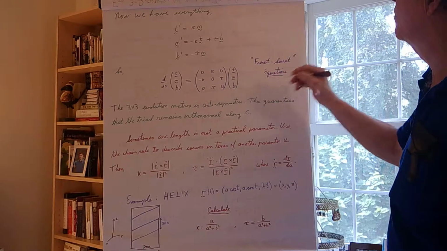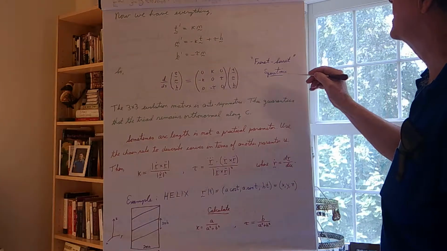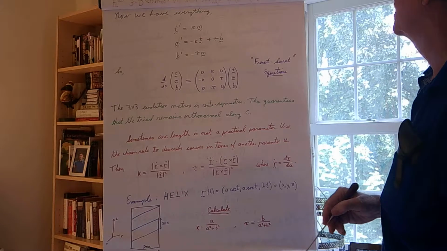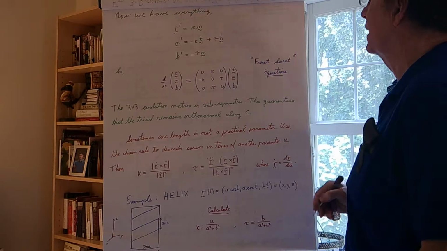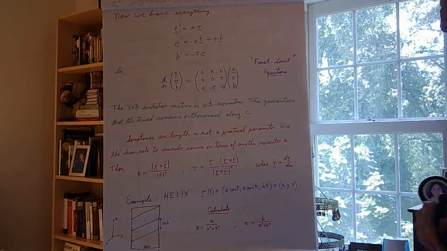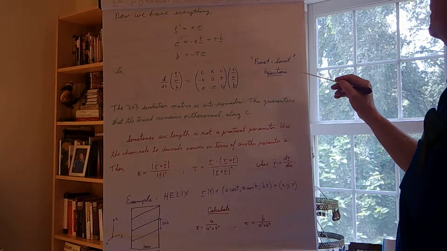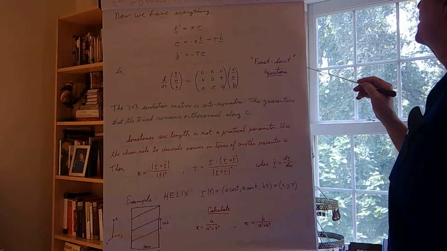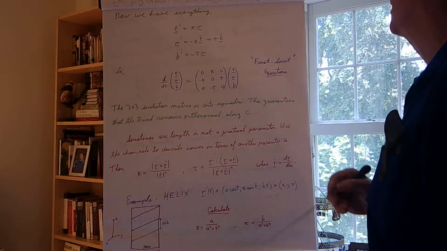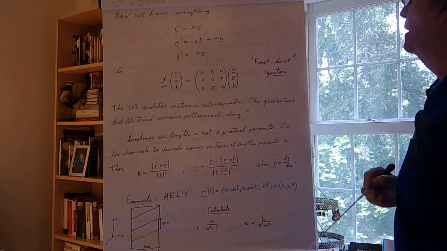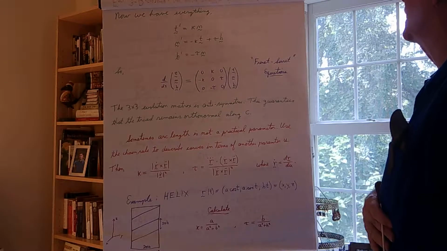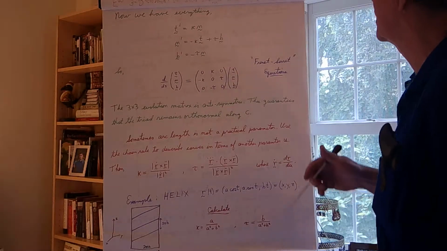So I put in a 3x3 matrix, apply it to T, N, and B, and I read off where my non-zero components are. And it looks just like this. Well, it's a famous equation. It's called the Frenet-Serret equations, okay? And it had been studied in differential geometry from long ago.